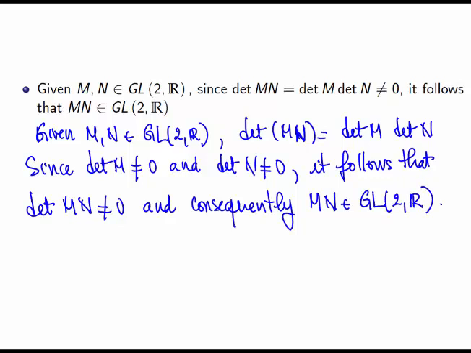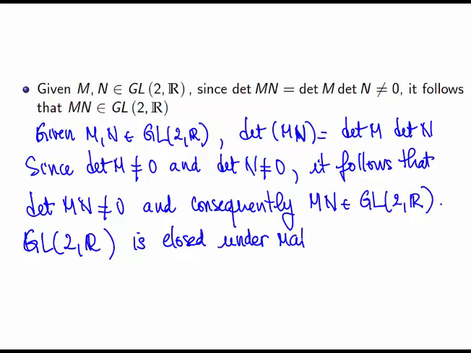Okay, so we get closure under matrix multiplication. GL_2(R) is closed under matrix multiplication.